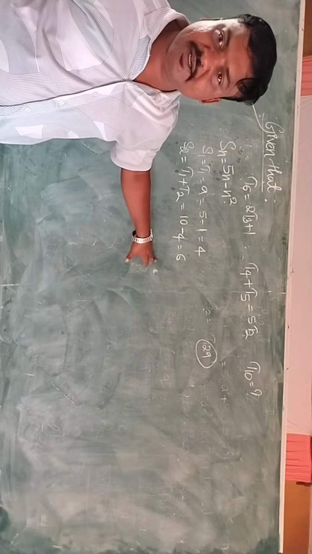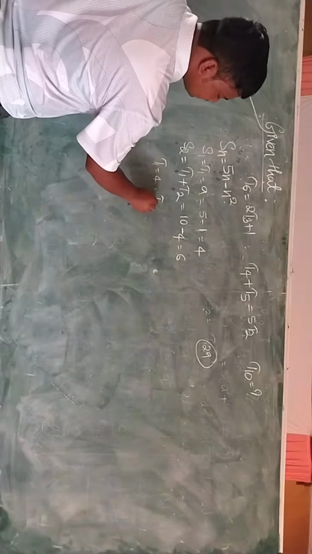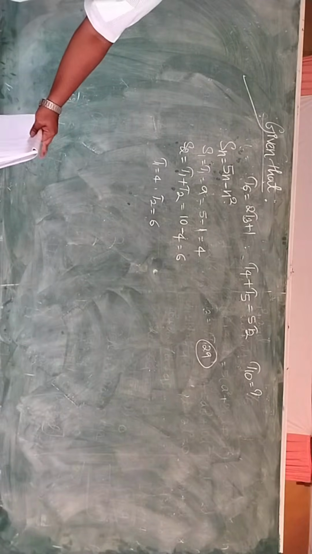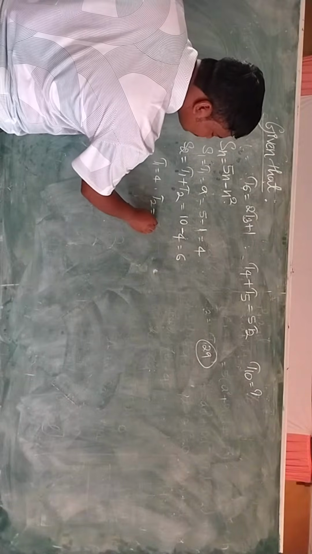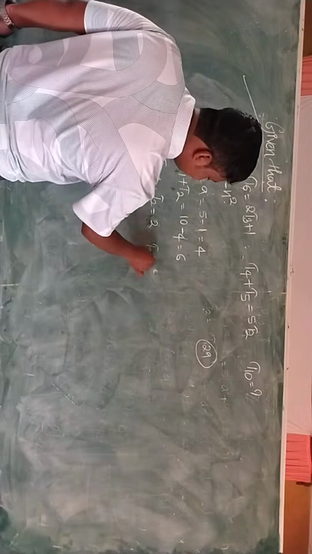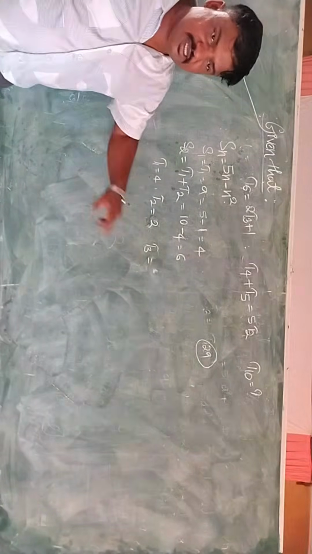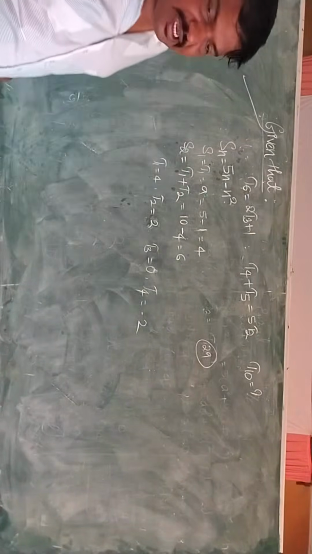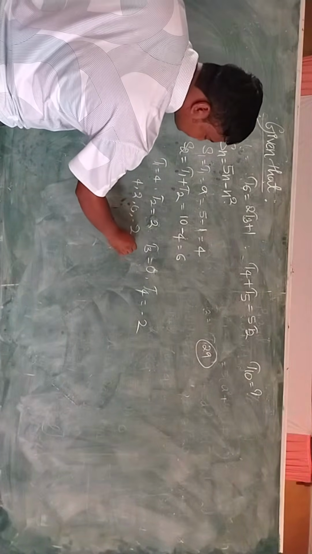So the second term T2 is 2. What about T3? 2 minus 2 is 0. What about T4? Minus 2. So the arithmetic progression is 4, 2, 0, minus 2, and so on.